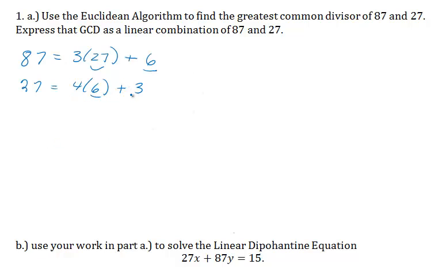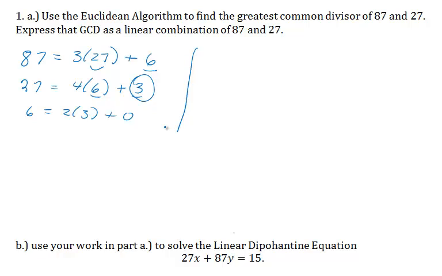And again, I repeat and continue until you get a remainder of 0, which is going to happen now. 6 is 2 times 3 plus 0. So the last non-zero remainder we got, 3, is the greatest common divisor of the two numbers. So 3 is the greatest common divisor of 87 and 27.